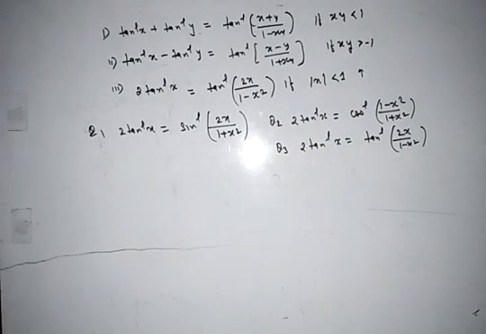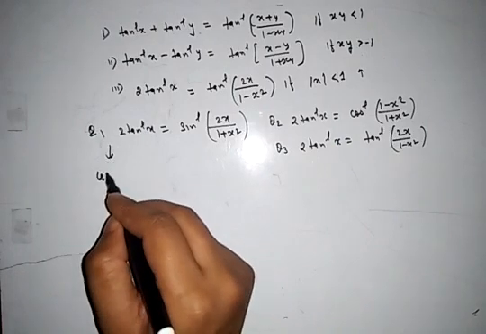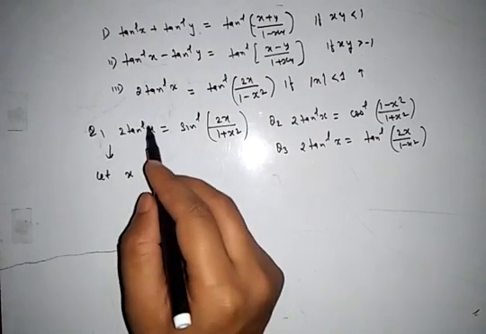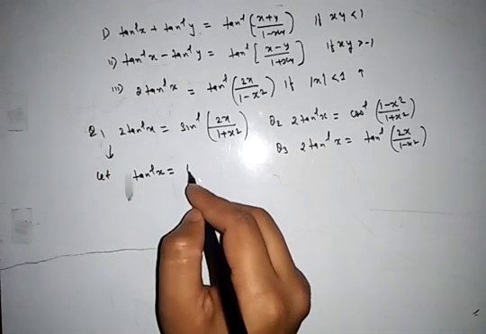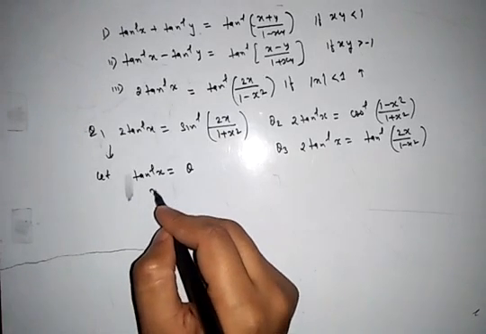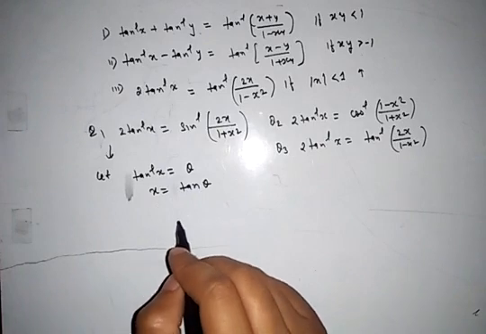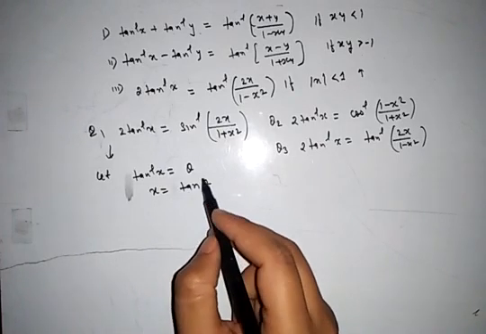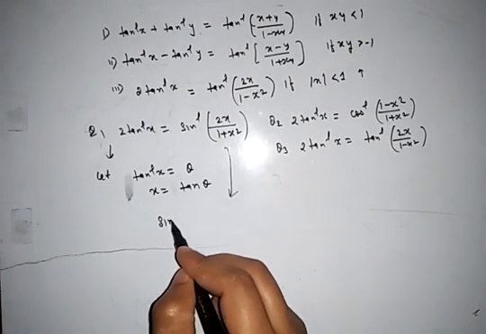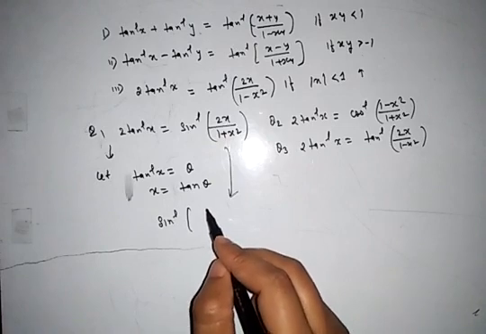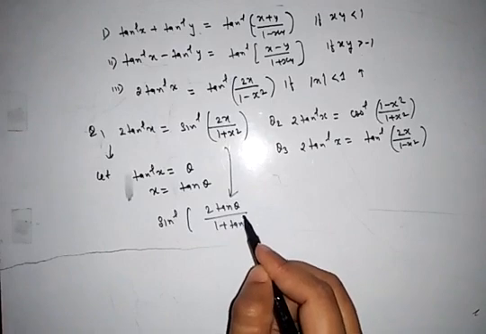So how can we proceed? For the first question, let's assume tan inverse x is theta. Then x is nothing but tan theta. Then on the right side, you put sine inverse of 2 tan theta by (1 plus tan square theta).